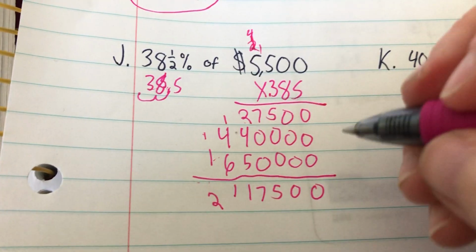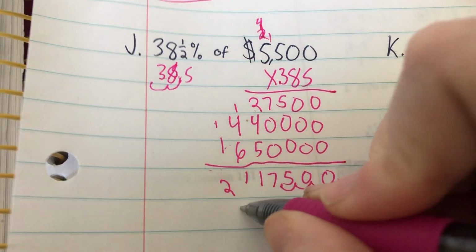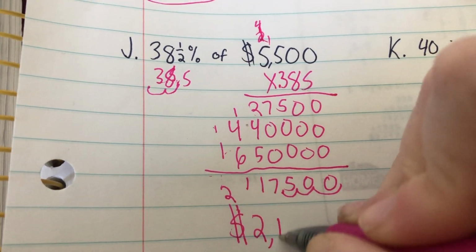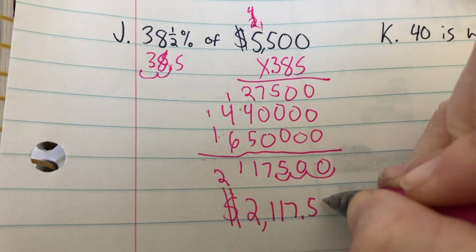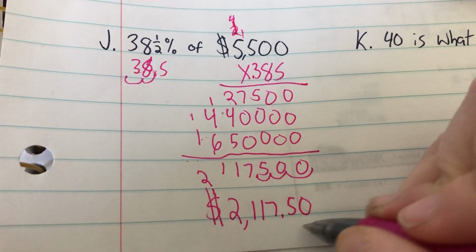I had 3 decimal points over here, so 1, 2, 3. So 38.5% of $5,500 is $2,117.50. Because it is money, I add that 0 because it's 50 cents.